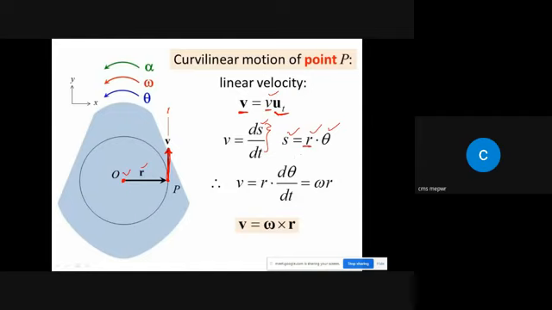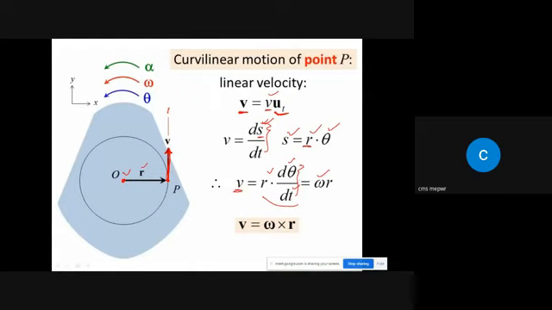right? So if we put r theta over here, we will get this equation, r into d theta by dt. So d theta by dt is the time derivative of angular displacement, and it gives us angular velocity.